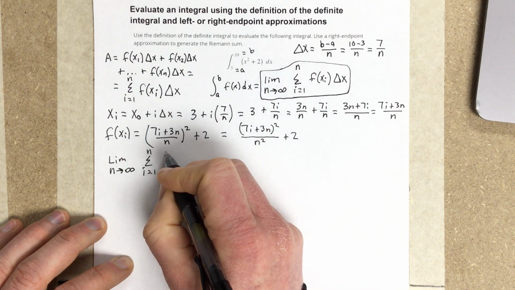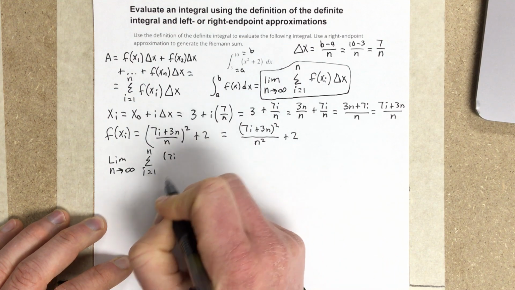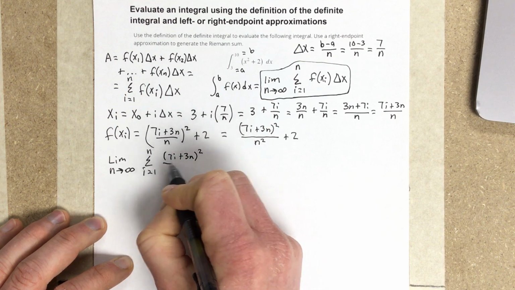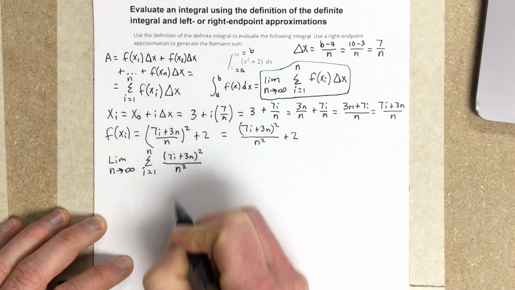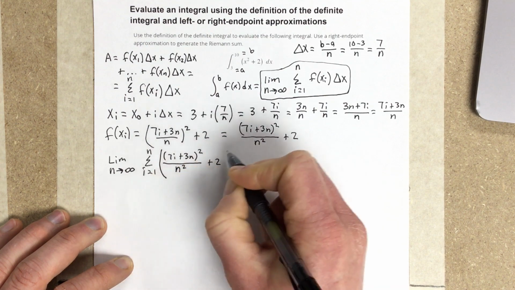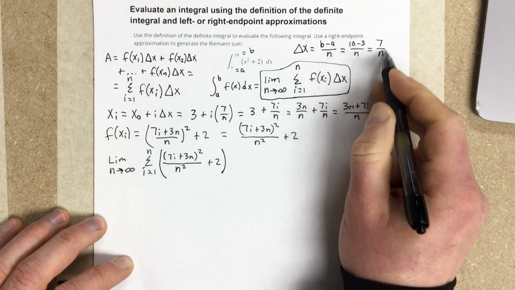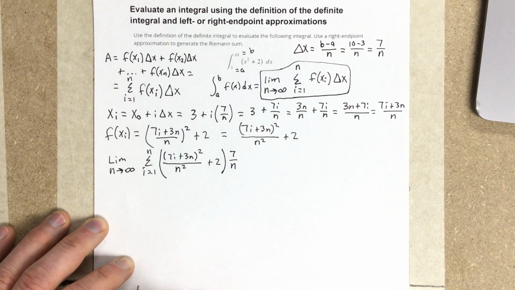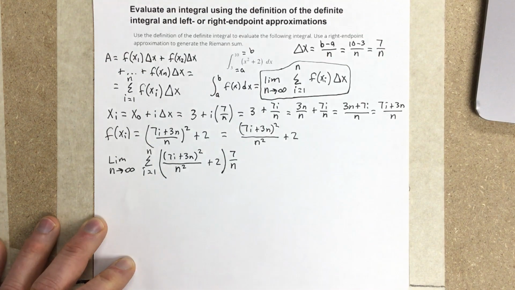So that's (7i plus 3n) squared divided by n squared plus 2, times change of x, which is 7 over n. So I'm going to go through and start to simplify this whole thing.